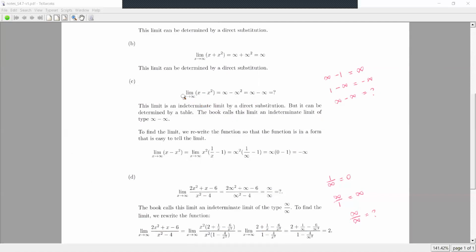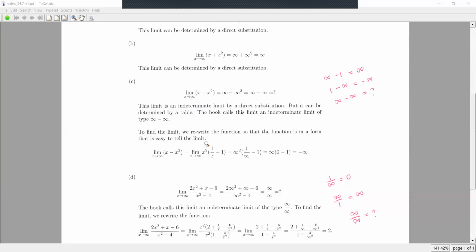Now, how to find this limit? Direct substitution doesn't work. We can turn to use a table, yes, but I don't like a table because a table is tedious. Let me rewrite the function so that it is in a form that is easy to tell the limit. Let me factor x squared out, the highest power. Take x squared out.